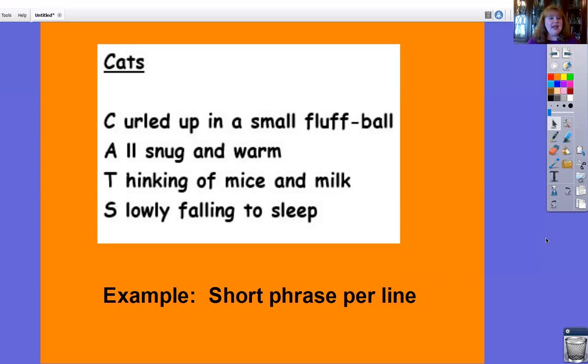T, thinking of mice and milk. I bet they're all doing that. And then S, slowly falling to sleep. So they described cats on every line, but this time they did it with a short phrase instead of just one word on each line. So you can do it that way.